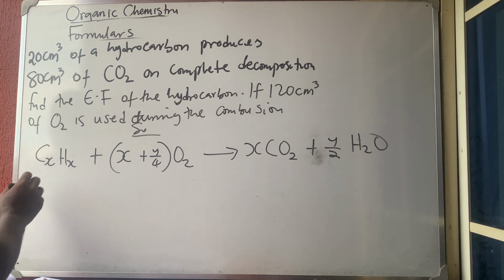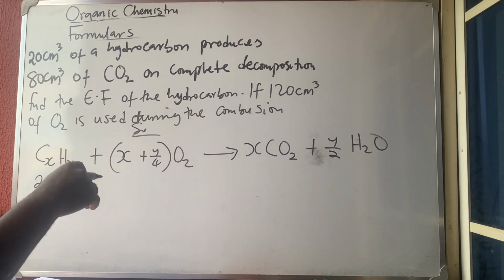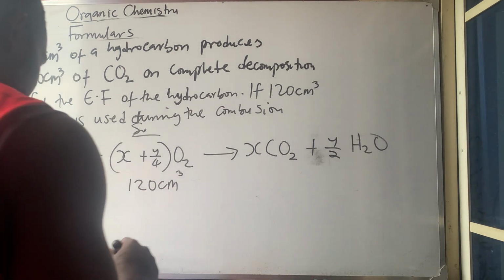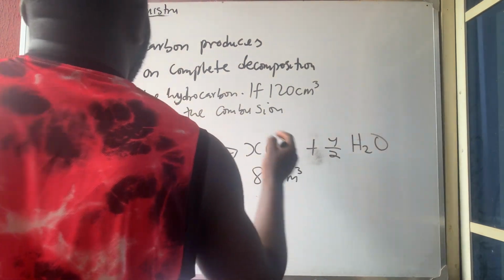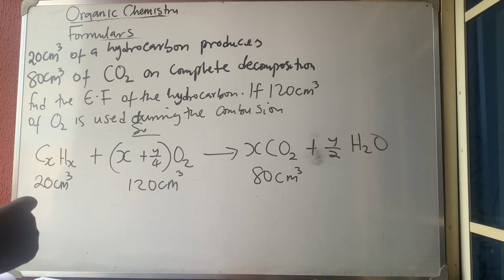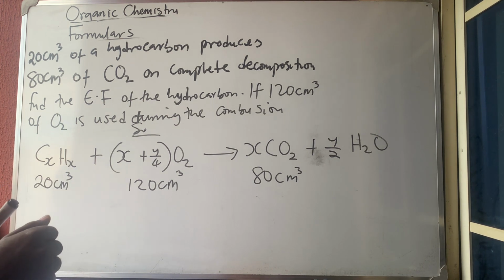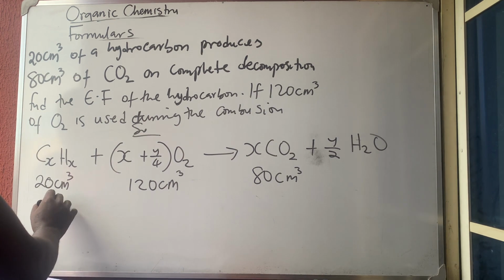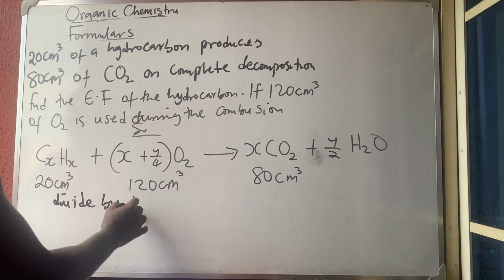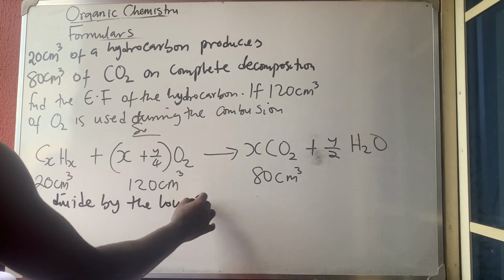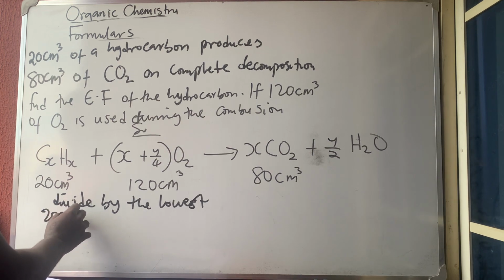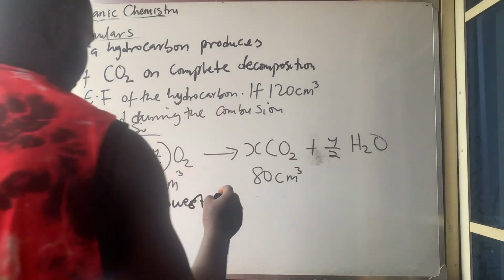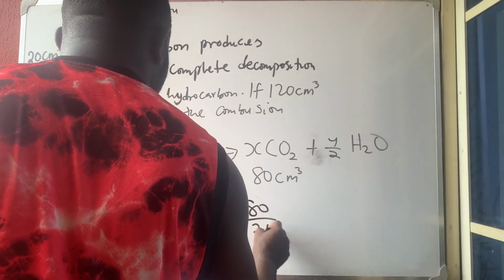And here I have 20 cm³ of the hydrocarbon, 120 cm³ of oxygen, and 80 cm³ of carbon dioxide. So if we divide everybody by the lowest, which is 20, we have 20 divided by 20, 120 divided by 20, and 80 divided by 20.